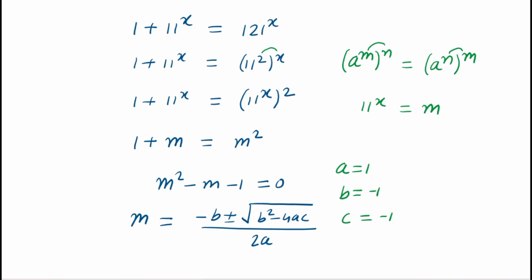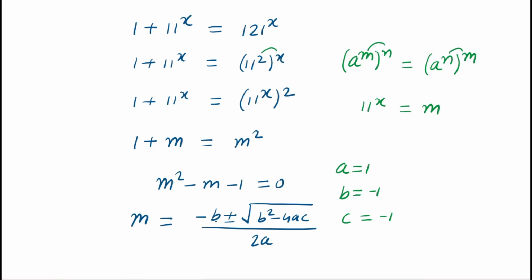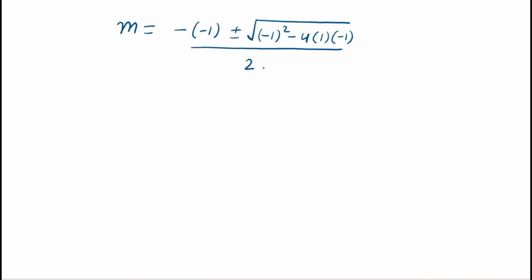On the left hand side, m = -b, and the value of b is -1, so m = (-(-1) ± √((-1)² - 4 times the value of a, which is 1, and the value of c, which is -1))/(2 times the value of a, which is 1).